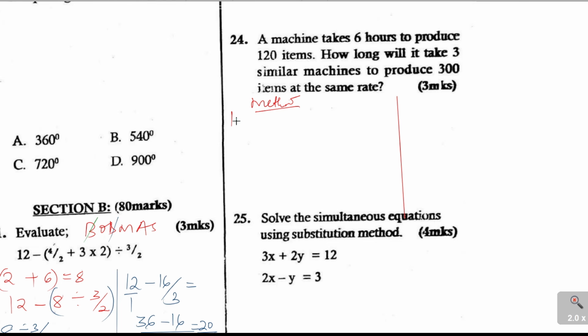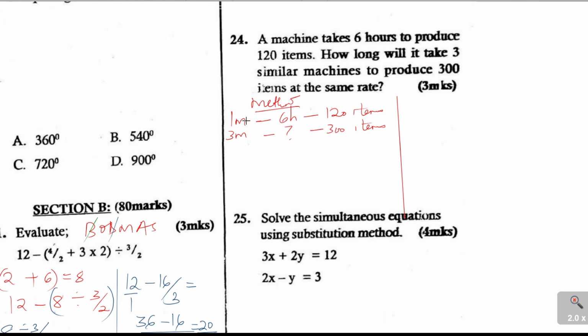So one machine takes 6 hours to produce 120 items. So how long will it take 3 machines to produce 300 items? So the first method, we use ratios. We start by looking at the machines and the hours.